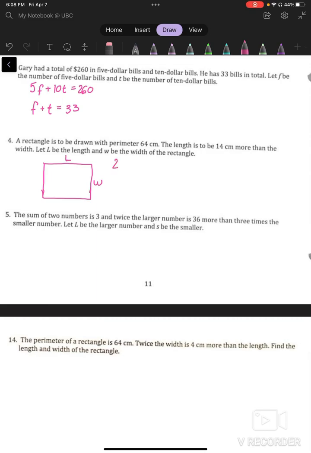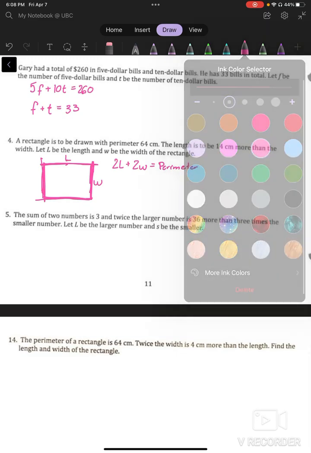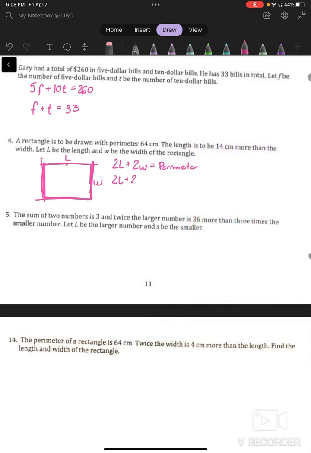So that would be perimeter equals, and this is for any rectangle ever, because if you just add all 4 sides together, you get the total length of the outside of the rectangle. So that's what the perimeter is. So 2 times the length plus 2 times the width gives you the whole perimeter.